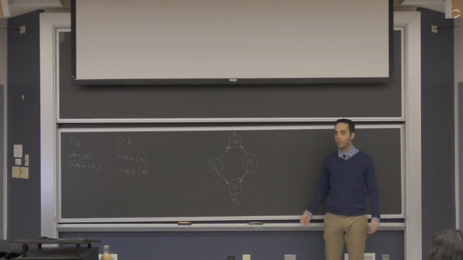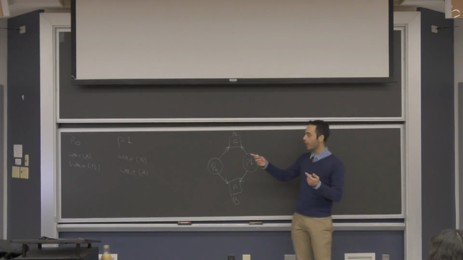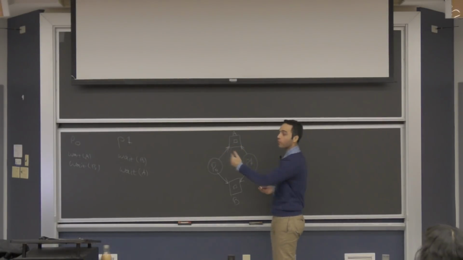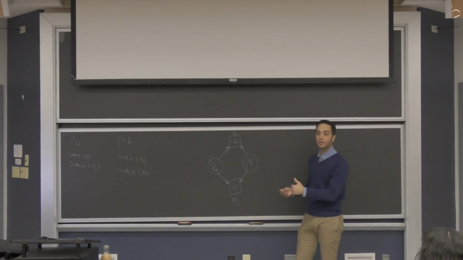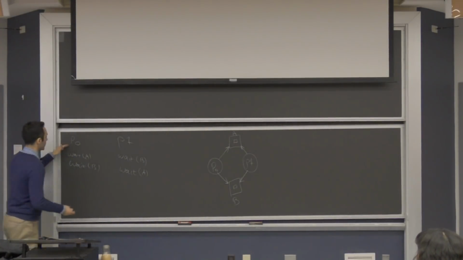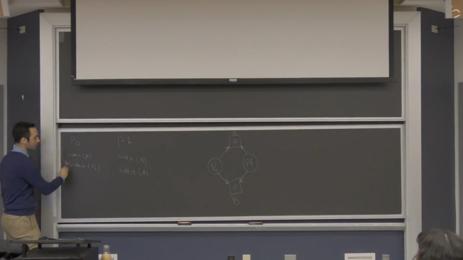Yeah, you wait one at a time. They're not waiting for A and B at once. So if process 0 is waiting for B, what does it mean? It means it has reached this line.